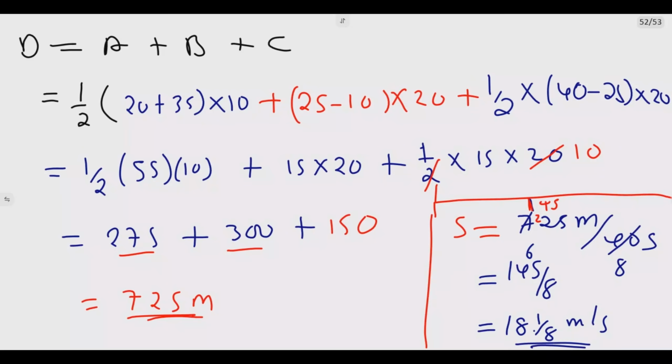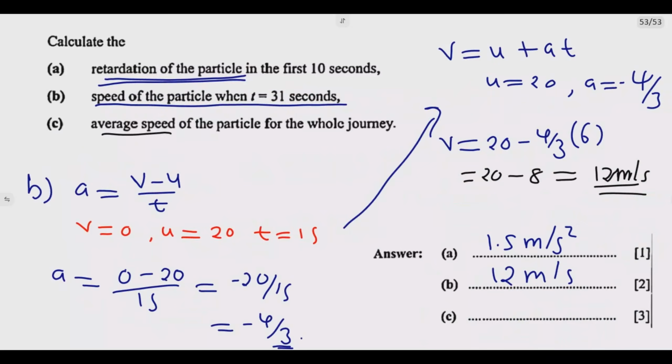So that's how you answer this question, which is the same as that over 8 meters per second, or if you want, you can write it as 18.125 meters per second. Once you do this, you're good to go. You get the 6 marks.